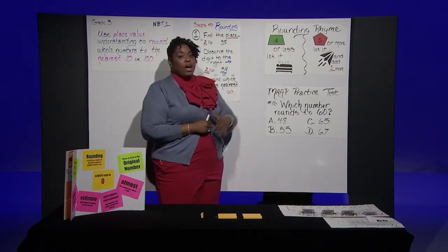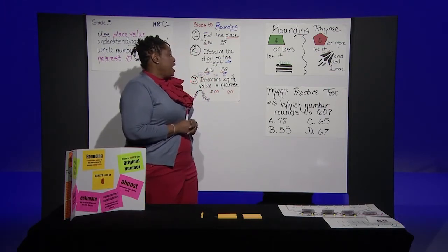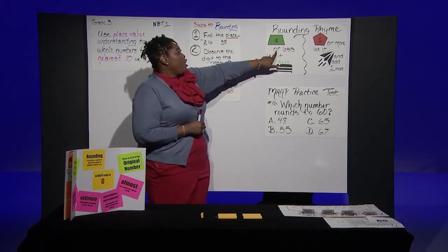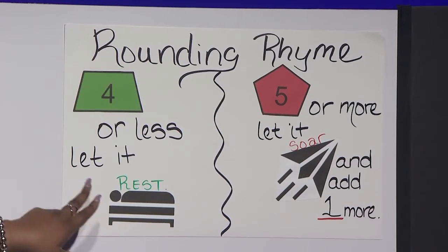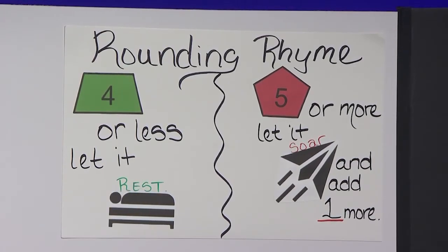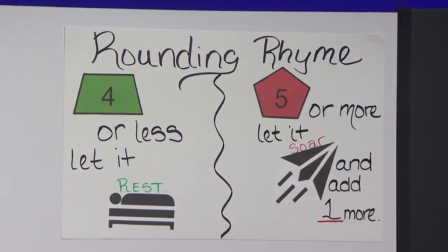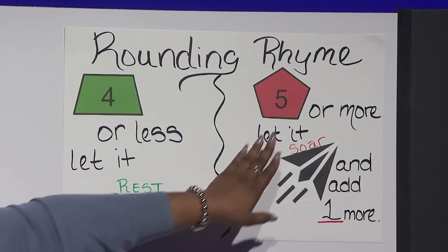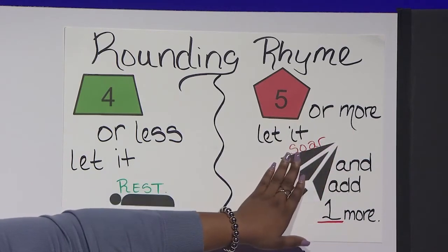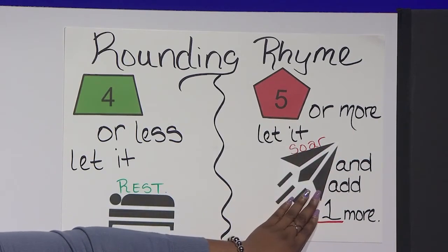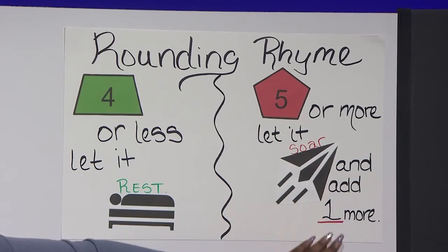Here's my rounding rhyme. And it says, 4 or less, let it rest. That means that we leave the number where it is. But if it's 5 or more, let it soar and add 1 more. I'm going to read that one more time.